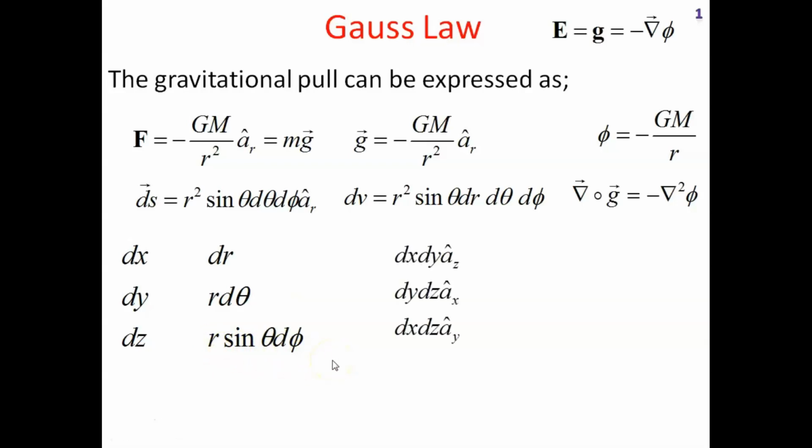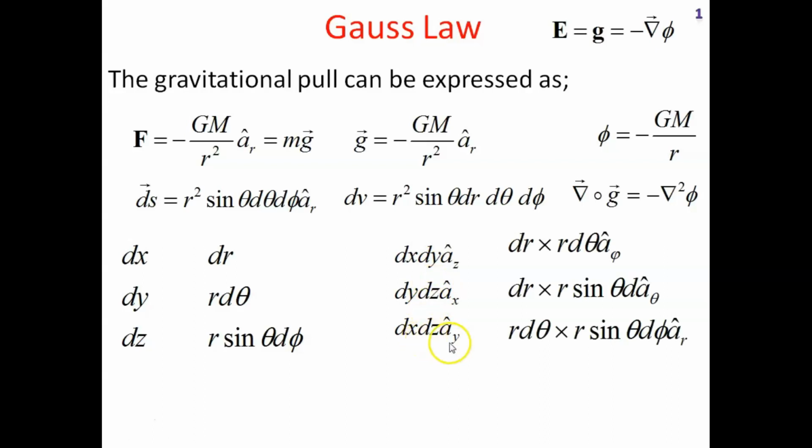Now to obtain different surfaces in Cartesian coordinates we have dx into dy, dy into dz, dx into dz. When we consider dx into dy, the unit vector perpendicular to that is az cap, and so on.